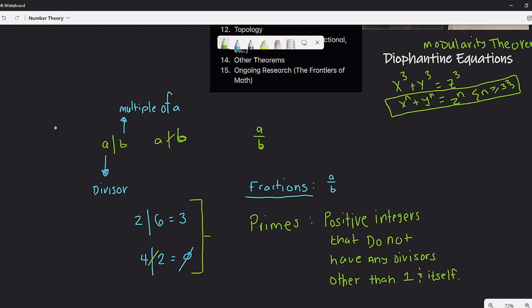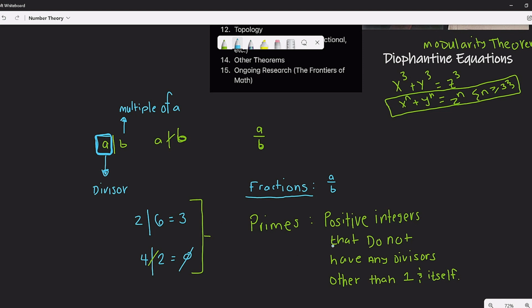So we can think back to our new notation. Our A, if it's the smallest element of a set, is going to be a divisor, is going to be a prime number, potentially.